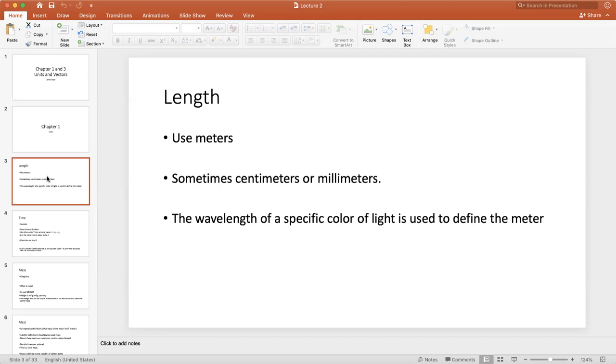And then the other thing that we see are nanometers. The wavelength of visible light is in nanometers. So that's the length scale that we're going to be on for a lot of our problems in this class.